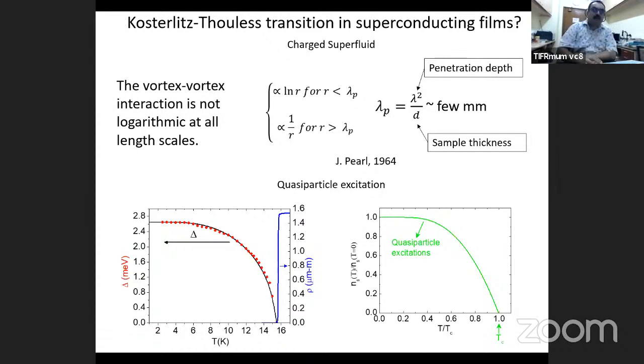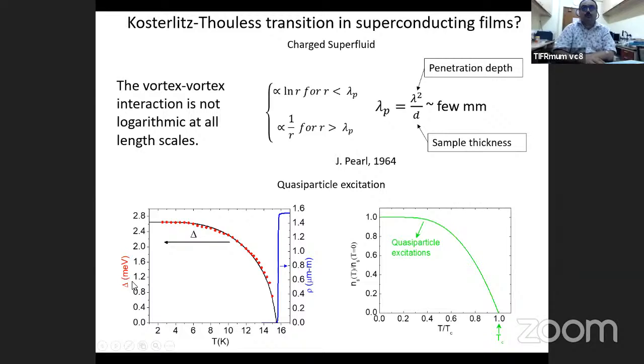But later on when people analyzed more carefully, they realized that the screening length is actually very large, and therefore often that exceeds millimeter size. So if you are at smaller sample size than that, you will see Kosterlitz-Thouless transition, and later it is realized that the charge of the superfluid will broaden the transition a little bit, but that's not a very major issue.